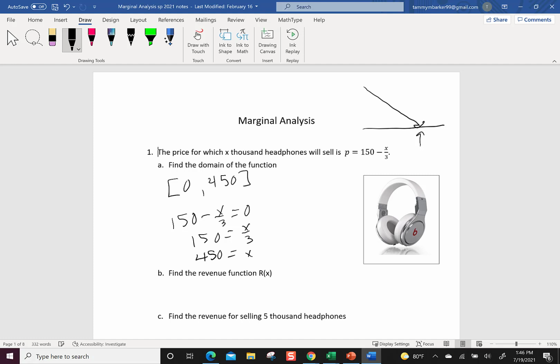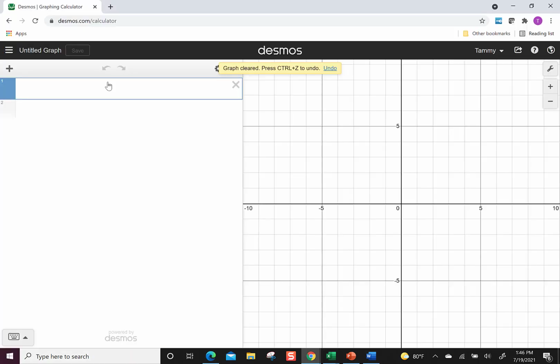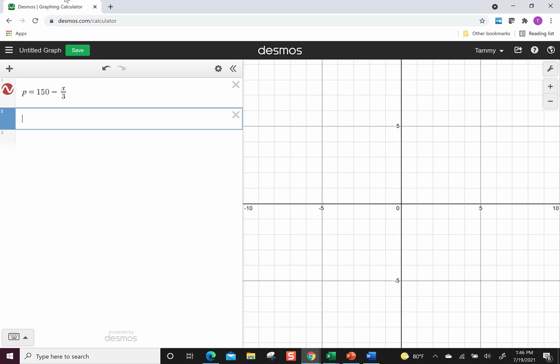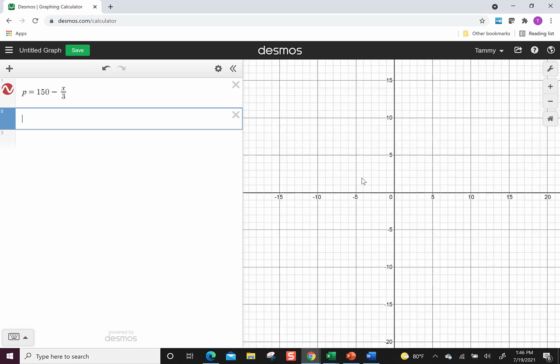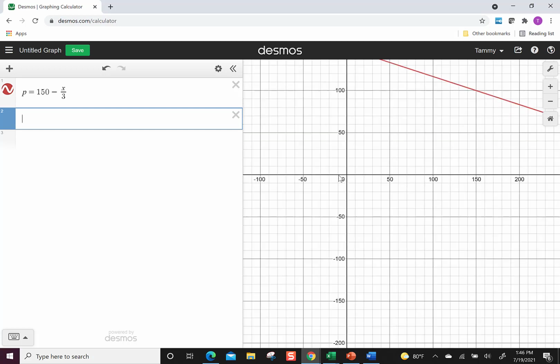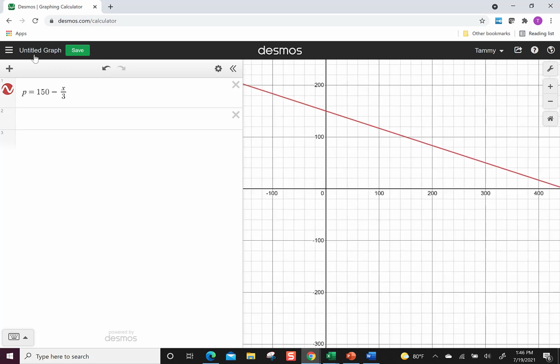You could also choose to go to Desmos and graph it. So I'm writing P equals 150 minus x over 3. You don't see anything over here, but if I zoom out, you can pick up the line. We know x had to be greater than or equal to 0, so I'm going to say 0 is less than or equal to x, and now it starts at 0.